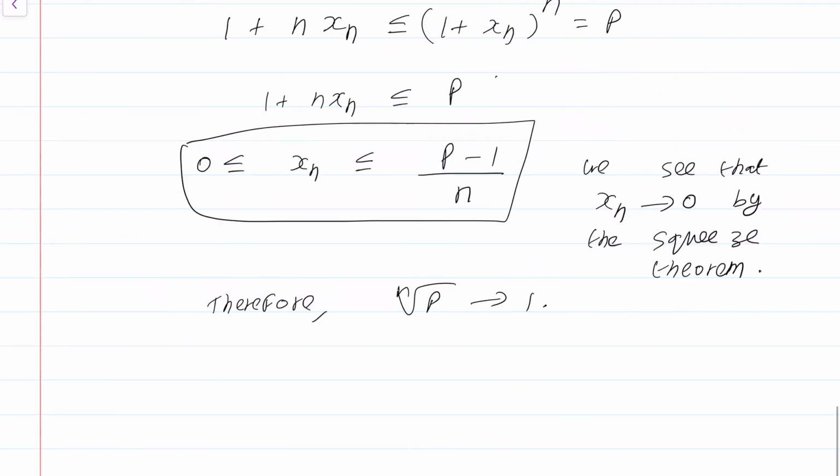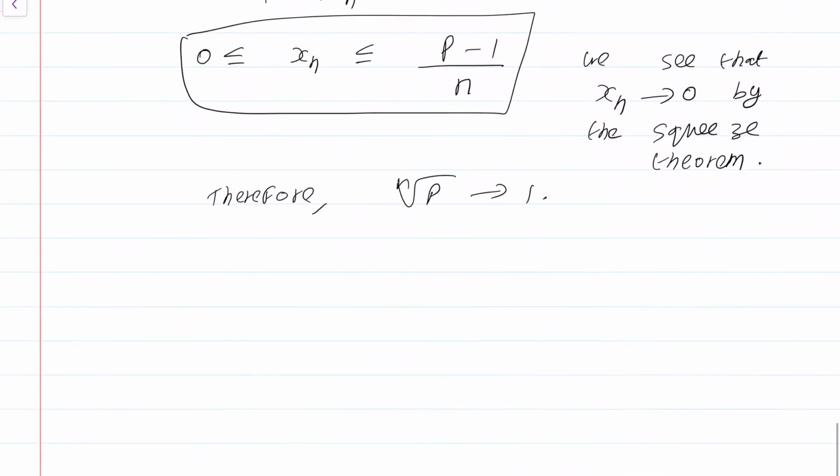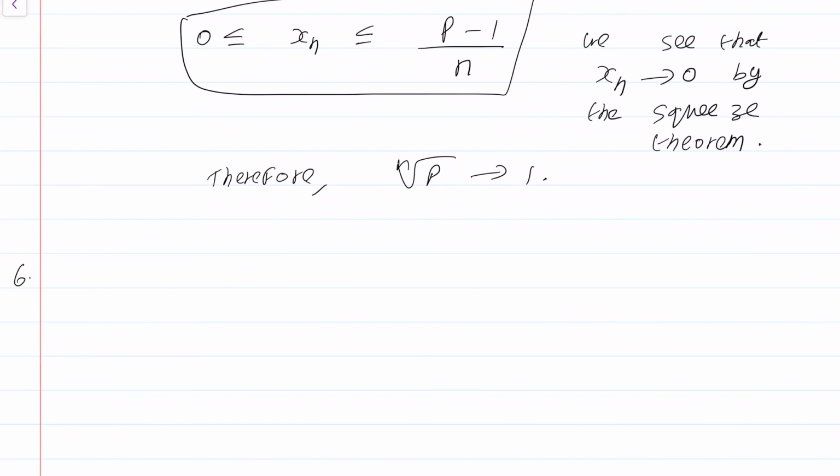Now on to the next example, which is example number 6. We do the same thing that we have been doing, except with a more complicated twist. Nth root of n converges to 1. Again, to tackle this, we will transform the sequence into a sequence that we would want to converge to 0 by setting xn to be nothing but nth root of n minus 1.